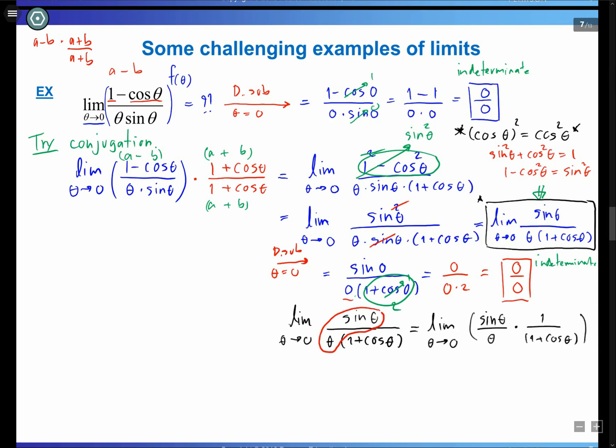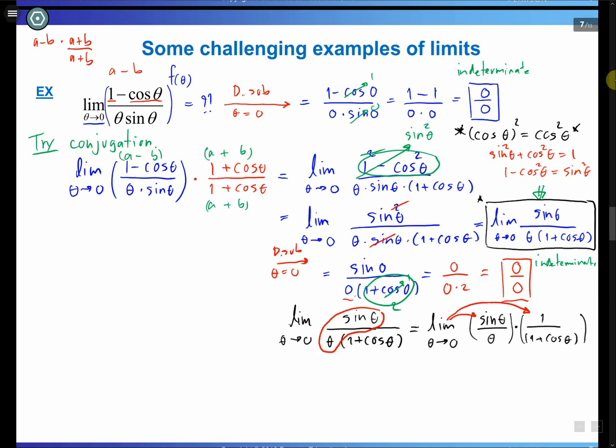Now, what I want to do next is to put parentheses right here and right here. And at this point, we can distribute the limit to each one of them. This concept can be applied to many operations like addition, subtraction, multiplication, and division.